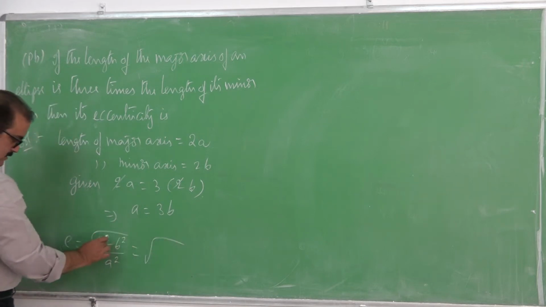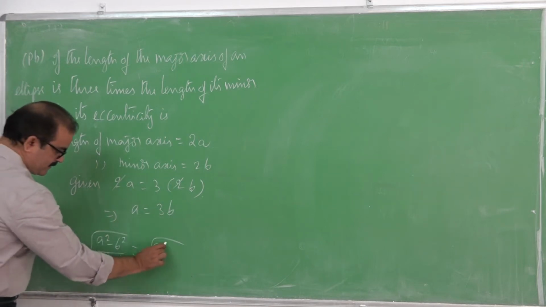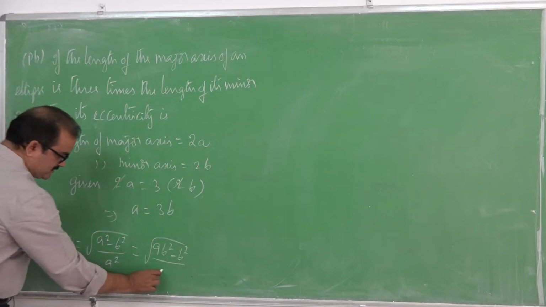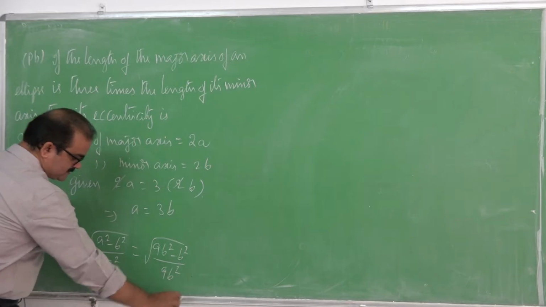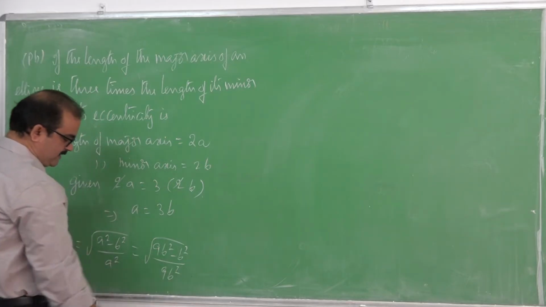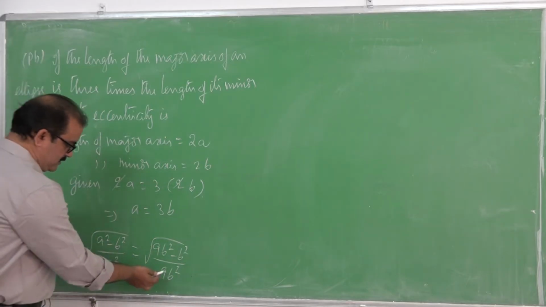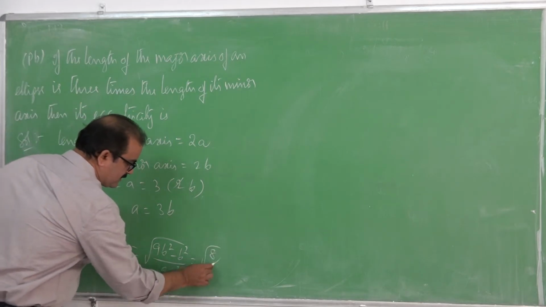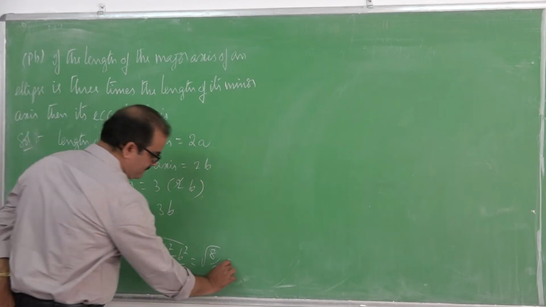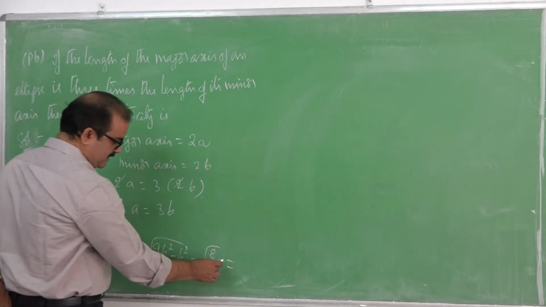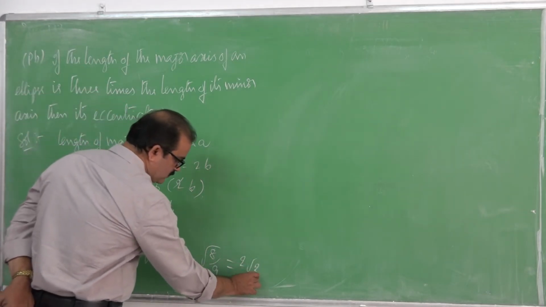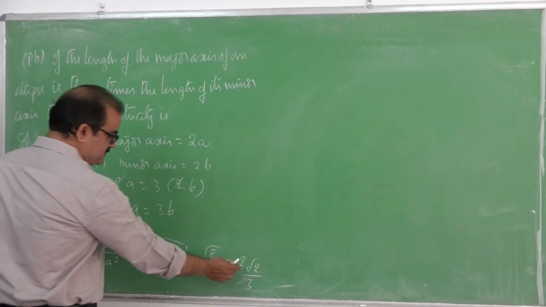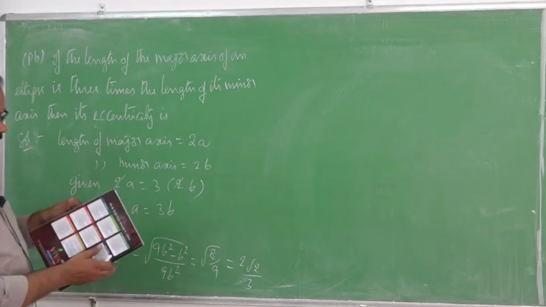What we get? 3b whole square, 9b square, minus b square by a square, that is 9b square. 9b square minus b square, 8b square by 9b square, b square cancel. So we get root 8 by 9. Root 8 is taken as 2 root 2. Root 9 is 3. So eccentricity of the ellipse is 2 root 2 by 3.